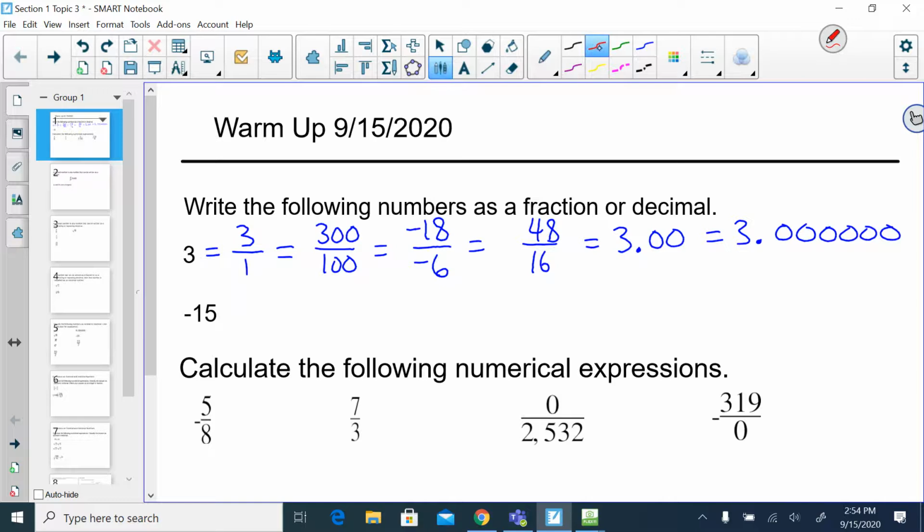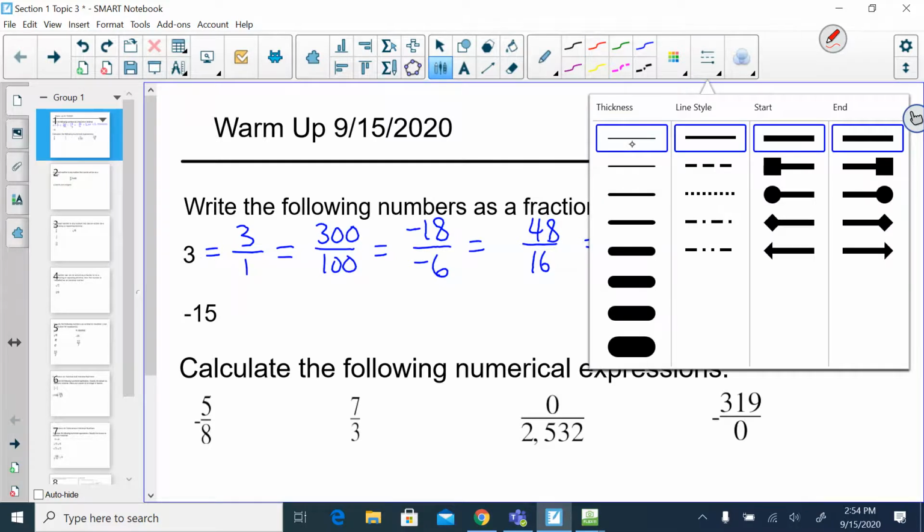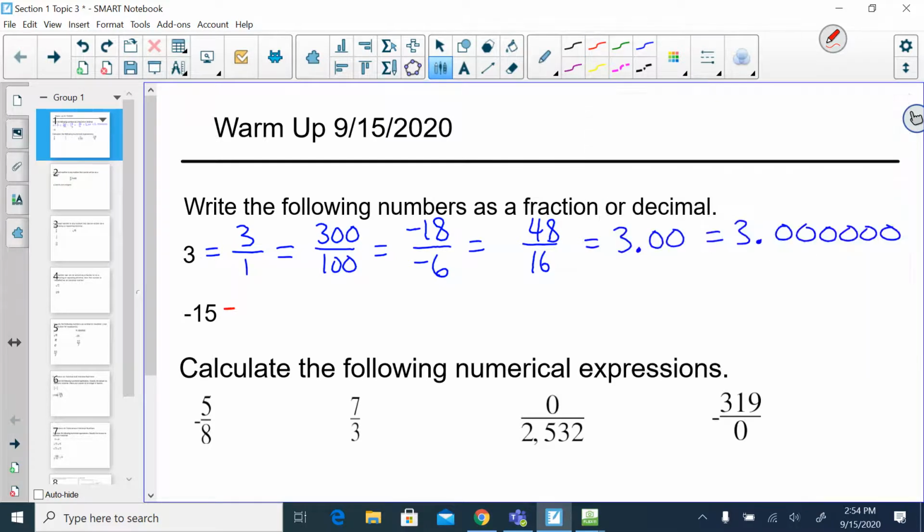Negative 15. If you had to write negative 15 as a fraction, you can say that negative 15 is the same thing as negative 15 over 1. You can say that this is negative 45 or positive 45 over negative 3.